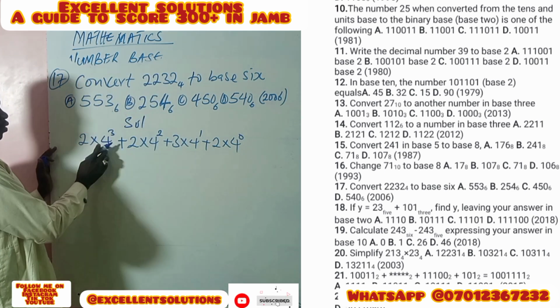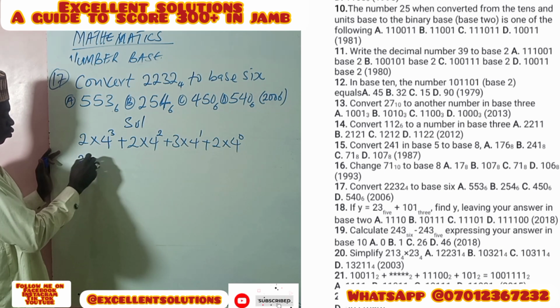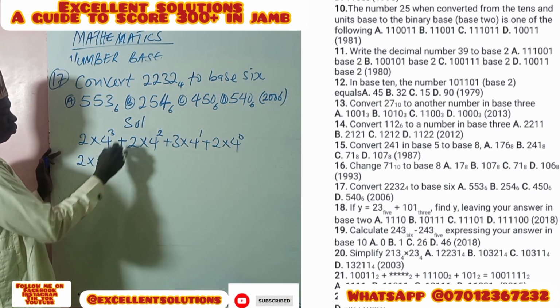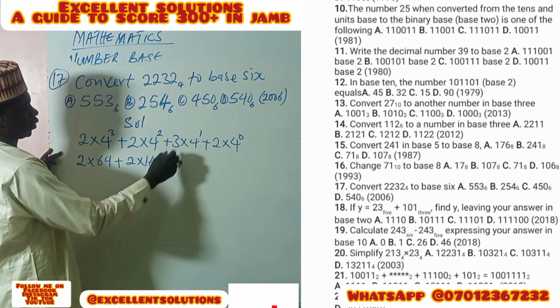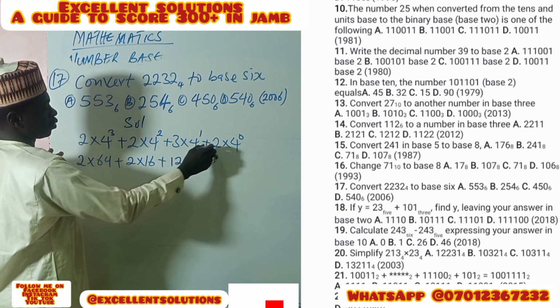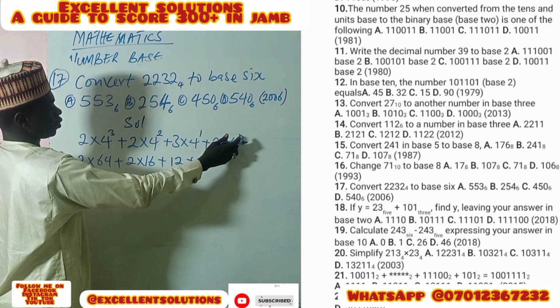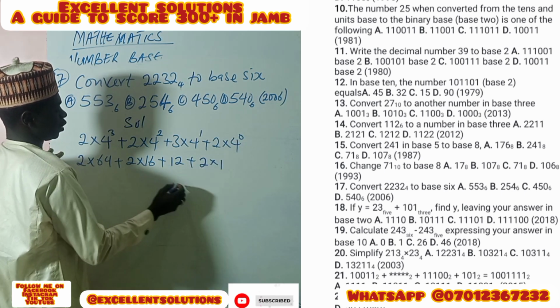So this is 2 times 4 raised to the power of 3. 4 raised to the power of 3 is 64. So we have 2 times 64 plus 2 times 4 squared, which is 16, plus 3 times 4, we have 12, plus 2 times 4 to the power of 0, which is 1, so 2 times 1.